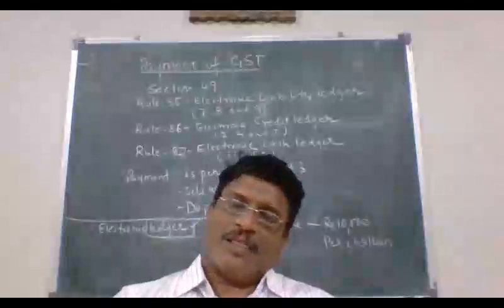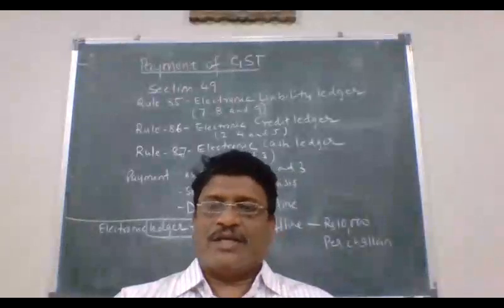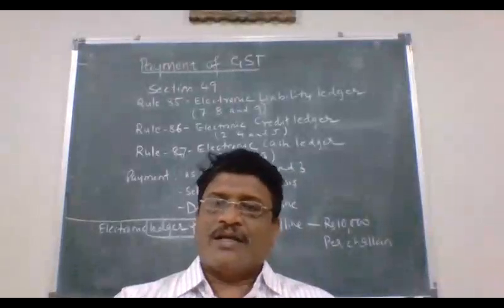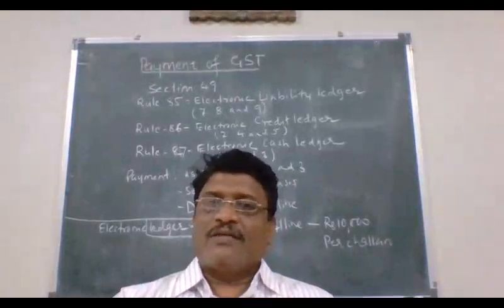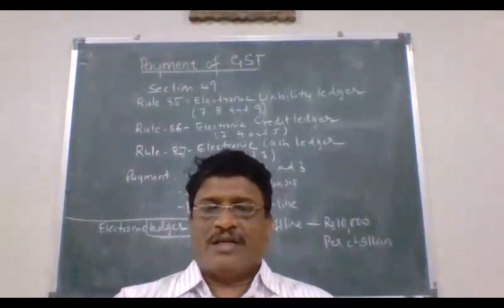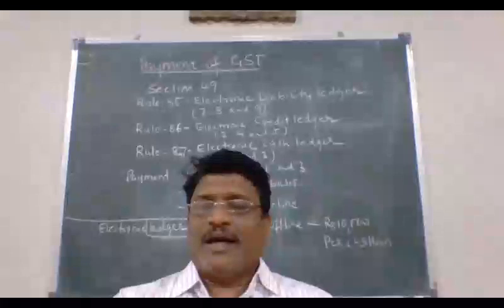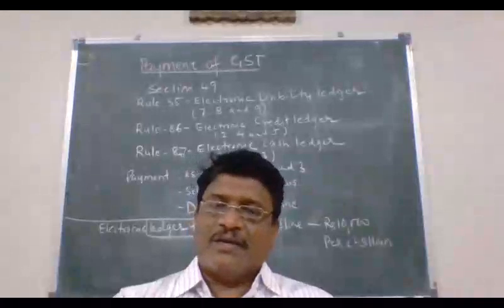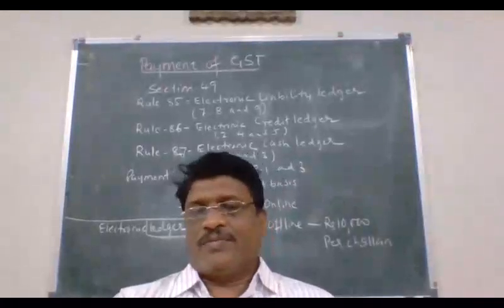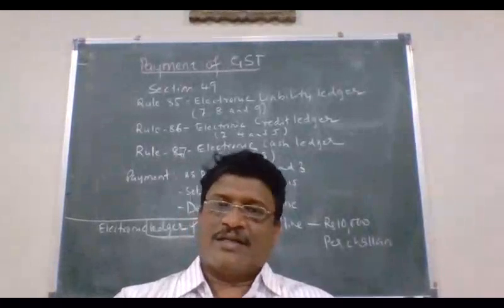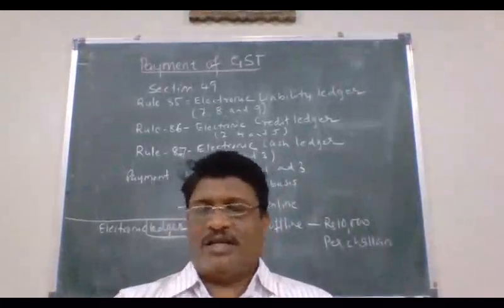After payment of the GST, the concerned proper officer verifies whether the valuation made by the registered dealer is correct or not, and whether the rate applied by the registered dealer is correct or not. In case of excess, the refund is made to the registered dealer.